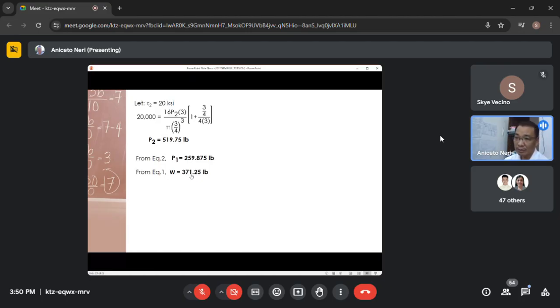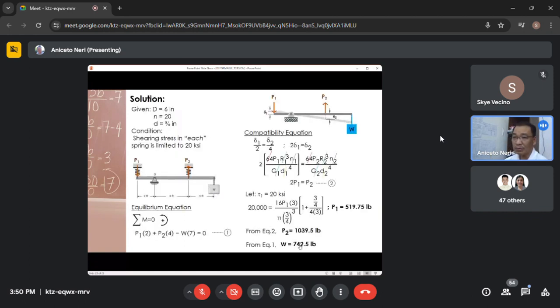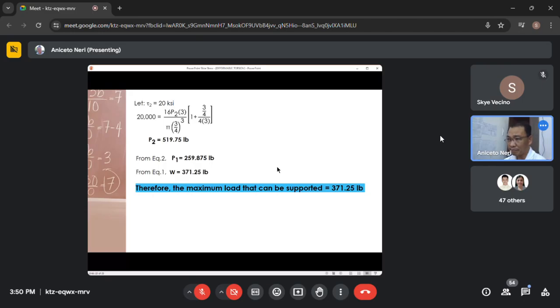So the maximum load W is equal to 371.25 and not this one, 742.5. Okay, so that's it. That ends chapter 3.